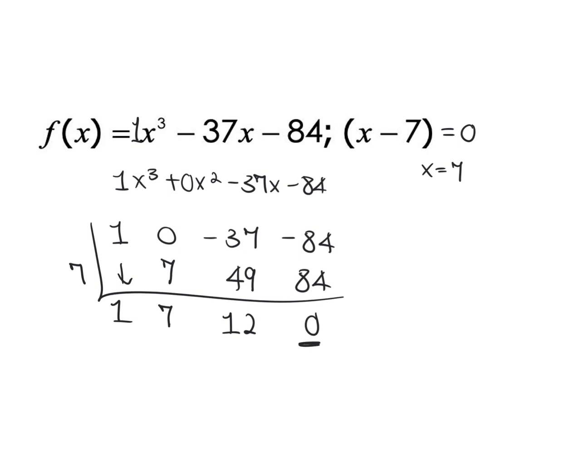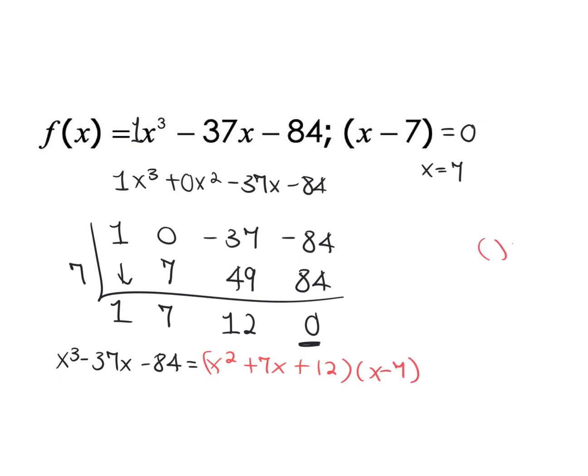So then we have x cubed minus 37x minus 84 equals, this is going to be x squared plus 7x plus 12 times x minus 7.